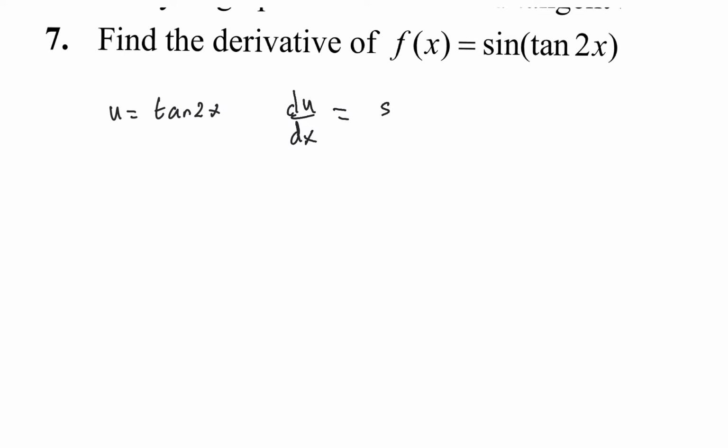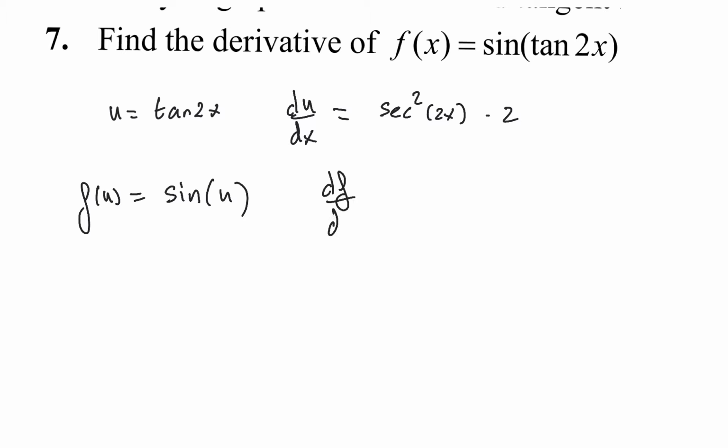So it's secant squared of 2x, but multiplied by 2, the derivative of 2x. So this is the derivative of u with respect to x. So what is the function f of u? F of u is sine of tangent of x, sine of u. What is the derivative of f with respect to u? The derivative of f with respect to u is cosine of u.